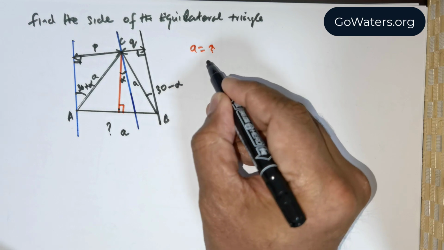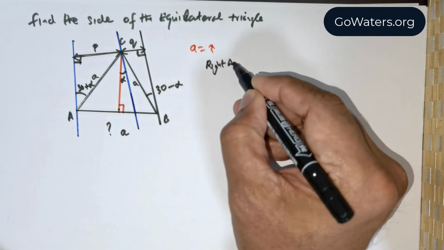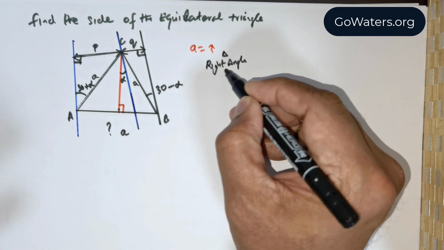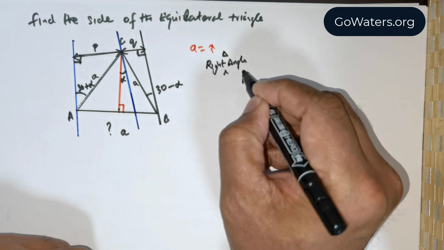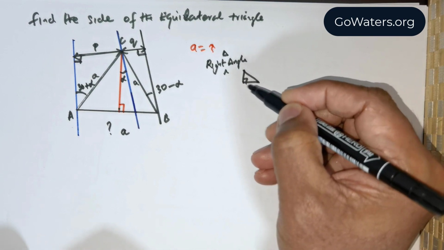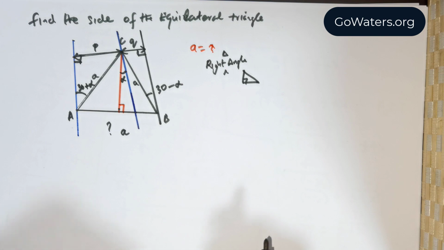Just by the concept of right triangle or right angle, you can name it as right angle or right triangle, whatever you want. Using this concept that is present in a triangle, the right angled triangle or the right angle present in a triangle, buildings were constructed. So have that in mind.